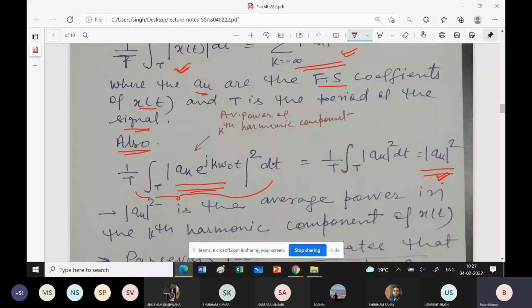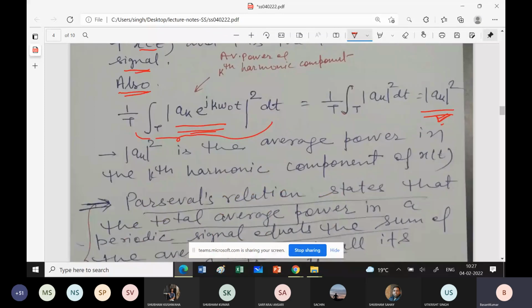So I think this is also easy to understand. What it means is that if you add the squares of all the Fourier series coefficients, that will represent the overall power of the signal, and this represents the individual power of the individual component. So |a_k| squared is the average power in the kth harmonic component of x(t).